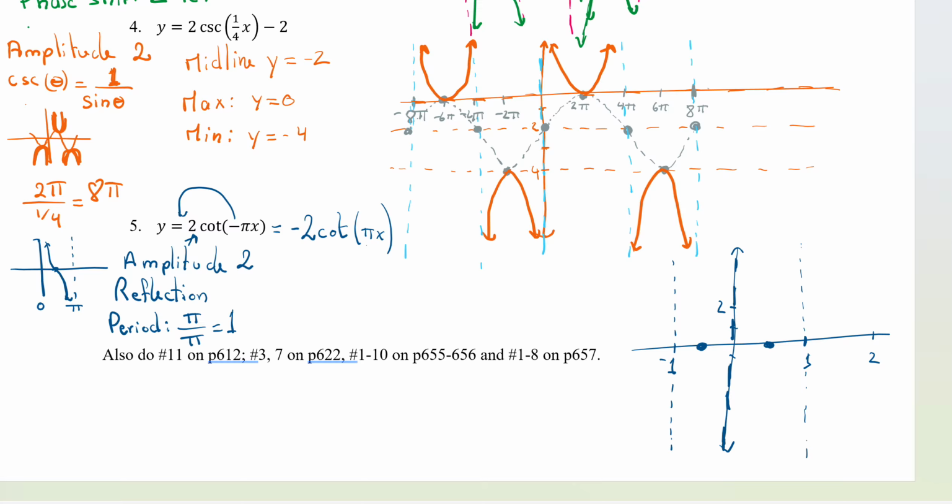So I need to be careful about that amplitude of 2. And we have a reflection. So the cotangent normally comes down, but this one is going to come up, right? So I'm going to come up from here and then to here. And that will be 2 of them, so that should be enough. All right, that's it.